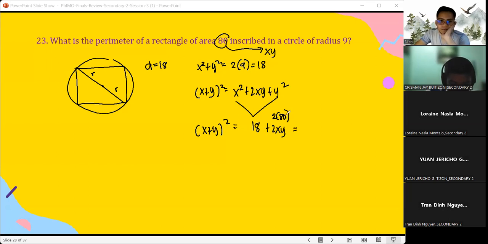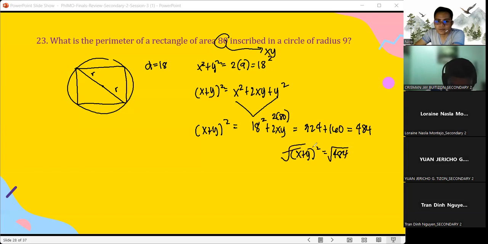So that is 2, 9, 18. Sorry, I forgot to square it pala. So that's 324 plus 160, right? So that's equal to 484. So x plus y squared is equal to 484. Get the square root.